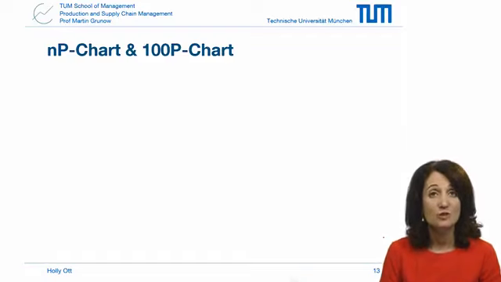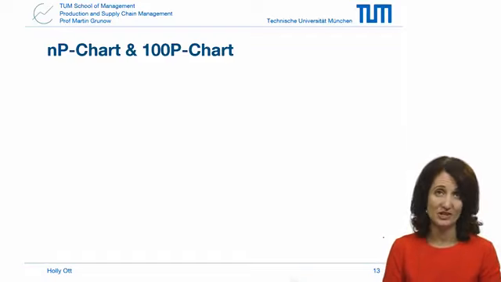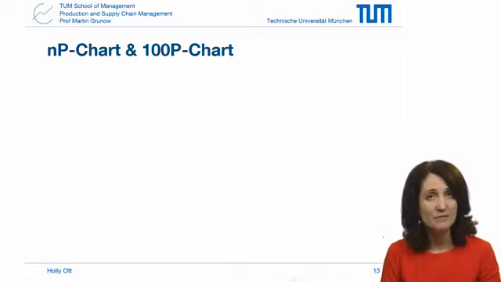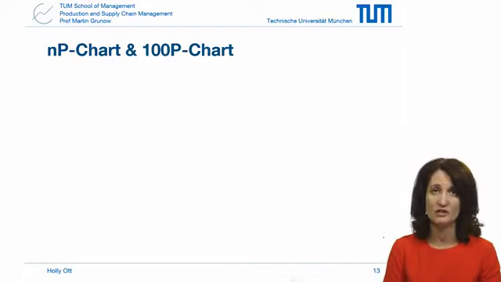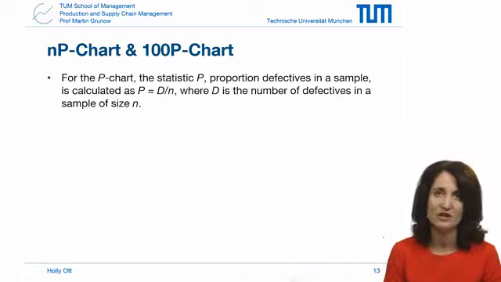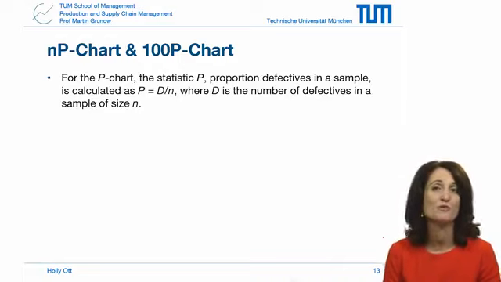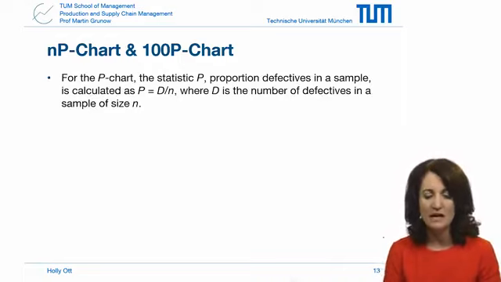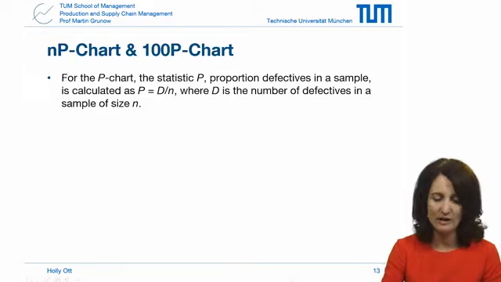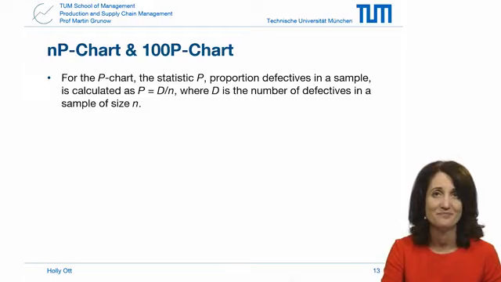We're now going to look shortly at two more versions of the p-chart, the NP chart and the 100p chart. Remember, for the p-chart, we had the statistic p, the proportion defectives in a sample, calculated as d over n, where d is the number of defectives in a sample of size n.